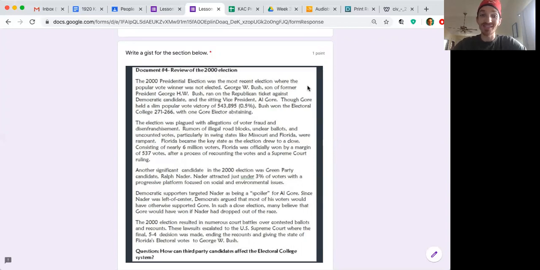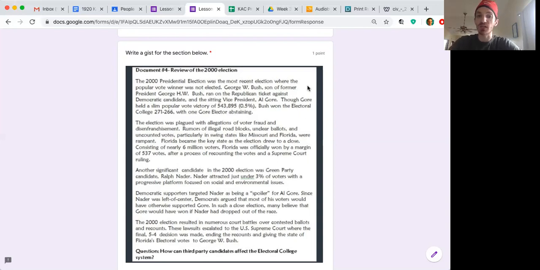Though Gore had a slim popular vote victory of 543,895 votes, meaning he received about 550,000 more votes from the people, Bush won the Electoral College 271 to 266, with one Gore elector abstaining or not voting.